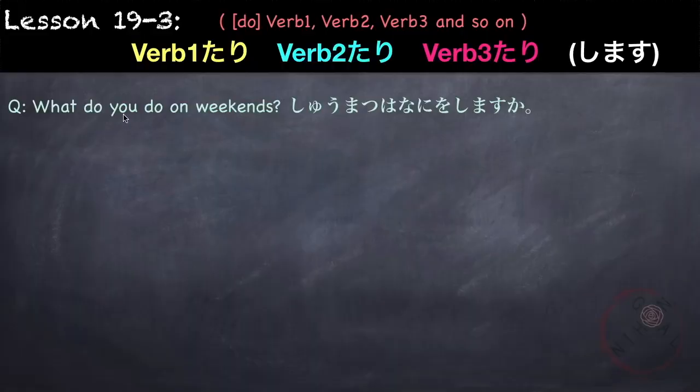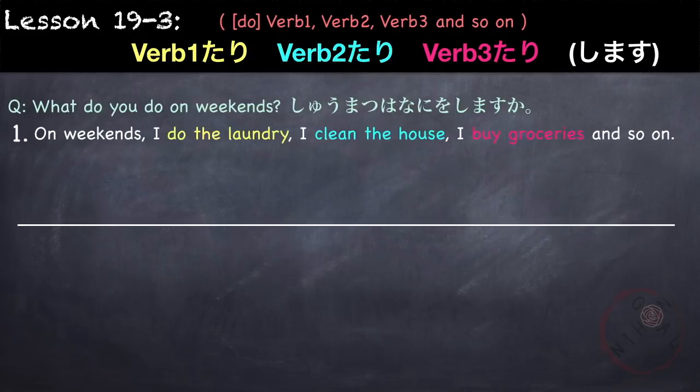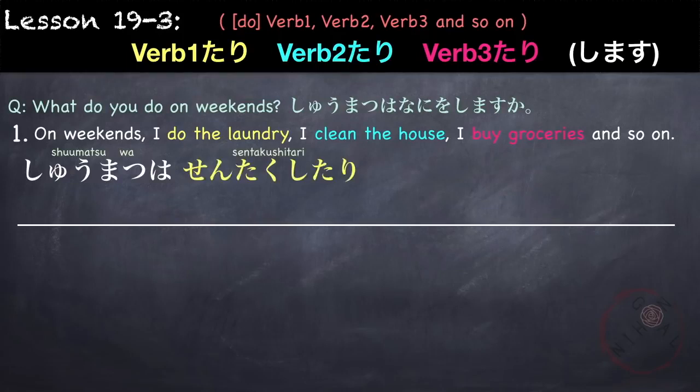Okay, so for example, the question is, what do you do on weekends? Shumatsu wa nani o shimasu ka? So most probably you do a lot of things during the weekends. So you could list them by saying, on weekends, I do the laundry, I clean the house, I buy groceries, and so on, etc. Shumatsu wa, on weekends, our first verb is do the laundry, which is sentaku shitari.